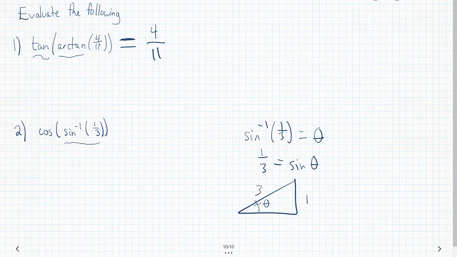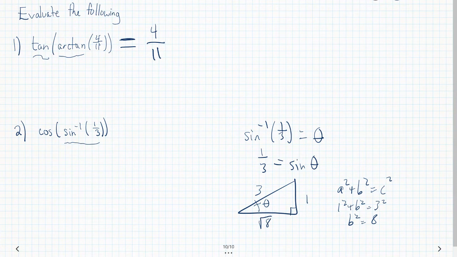So that means, remember, a squared plus b squared equals c squared. We're assuming a right triangle. So you get 1 squared plus b squared equals 3 squared. So b squared equals 8, that means this side is the square root of 8.